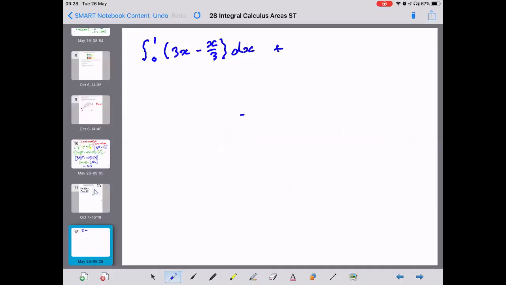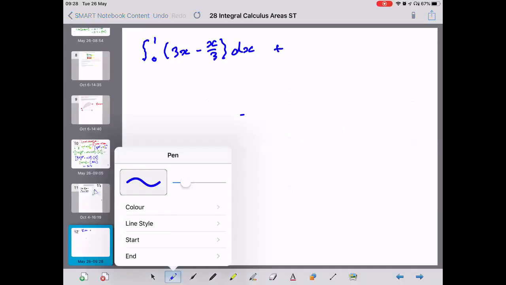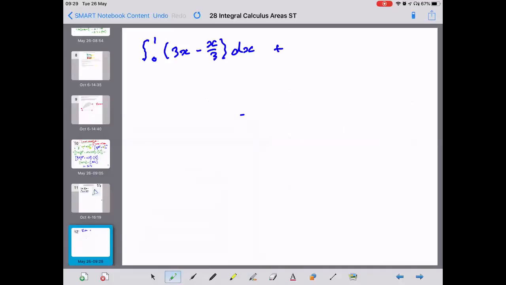We've got to add to that the integral between 1 and 3 of 4 minus x, minus x over 3 dx. Okay.